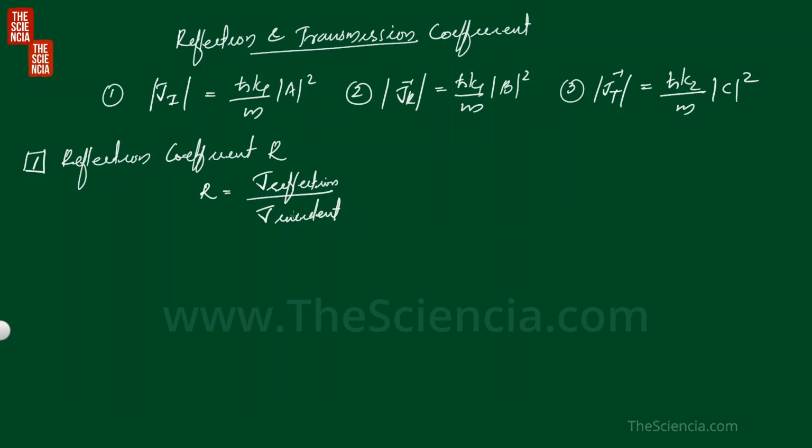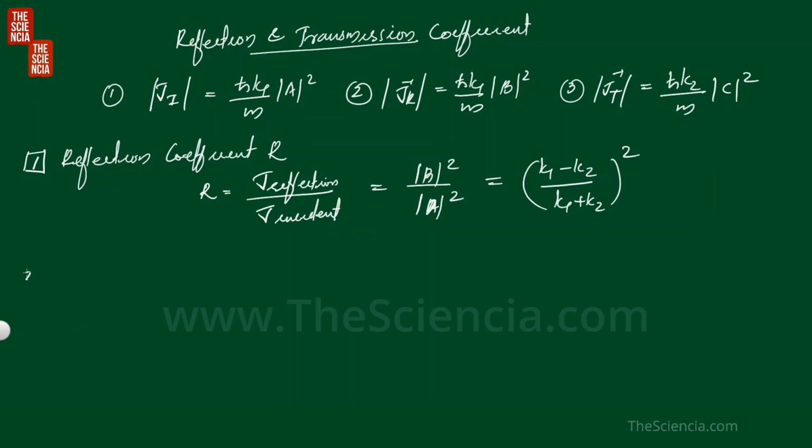That is a ratio of probability current densities: the probability current density of the reflected wave by that of the incident wave. That is equal to mod B square by mod A square. Earlier we found the value of B by A, so that is equal to k1 minus k2 by k1 plus k2, all squared.